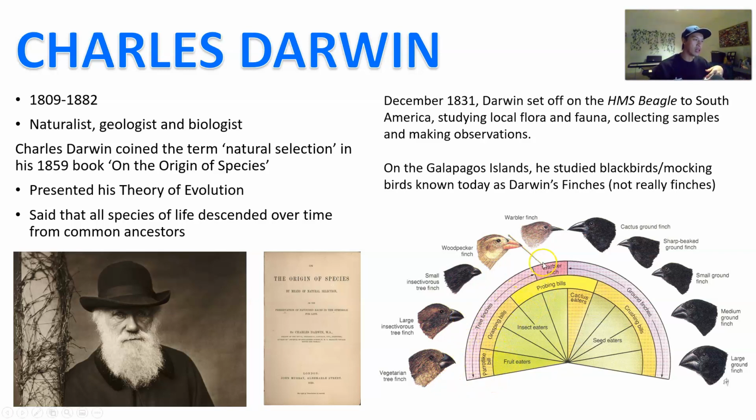And then other ones still were better suited towards fruit and so forth. And so that contrast in the bill shape and size helped him theorize that maybe there was some common ancestry of the finch that, as it migrated and found different food sources, adapted its bill to suit those food sources.